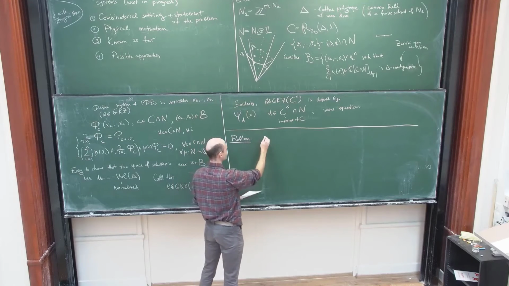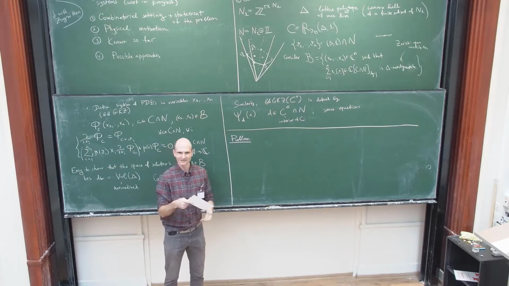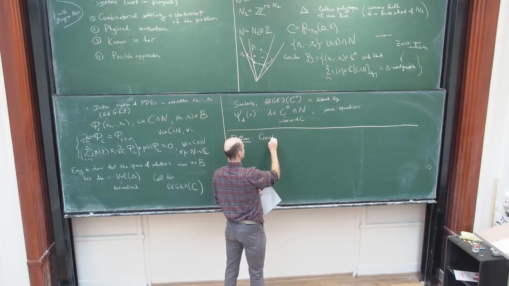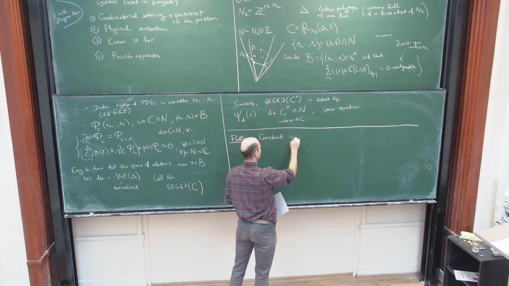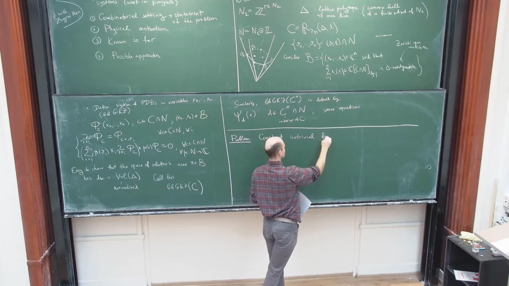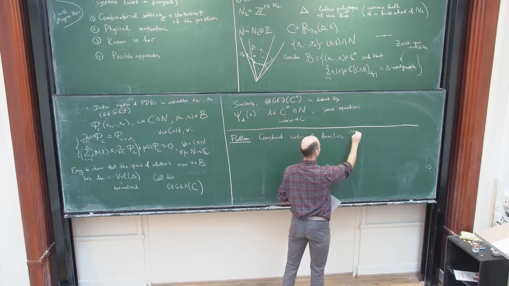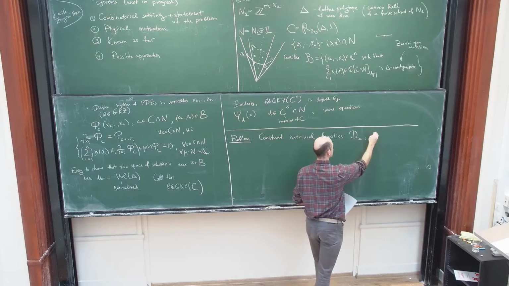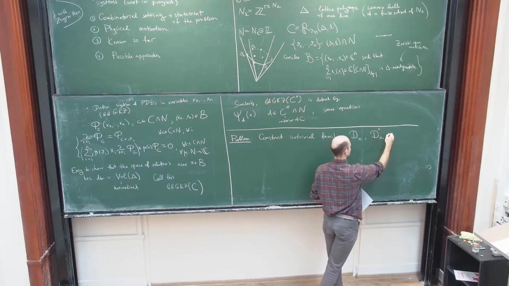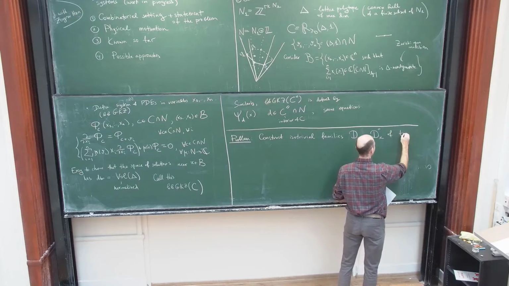Well, the problem, it's a very old problem for me, is to construct isotrivial families, I'll call them D sub x, of triangulated categories.